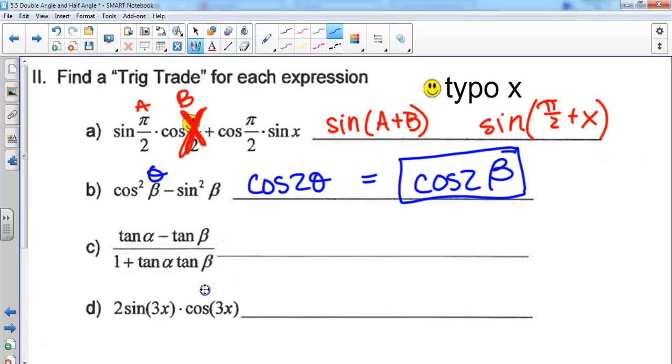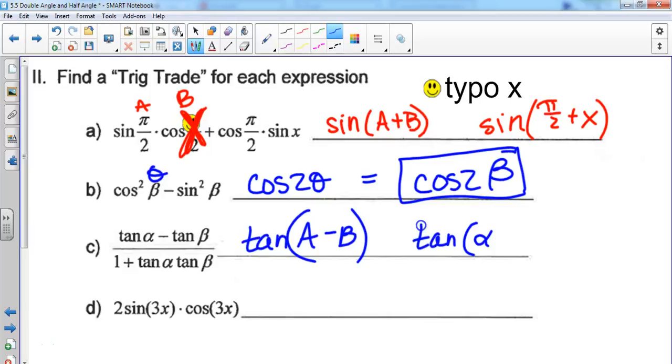Tan minus tan over 1 plus tan tan? In my mind, these are just all about familiarizing yourself with the sheet.